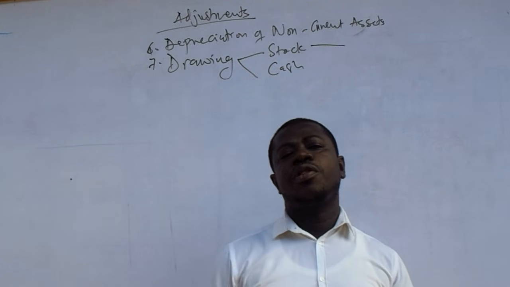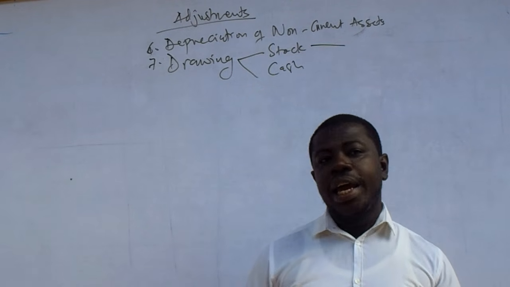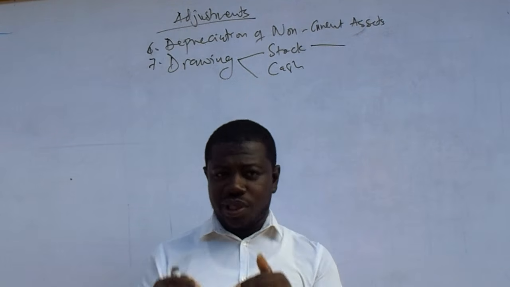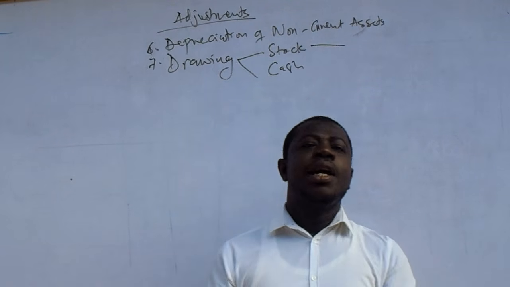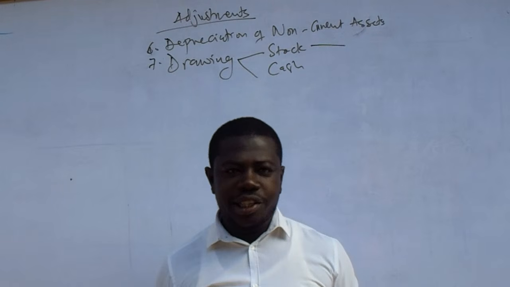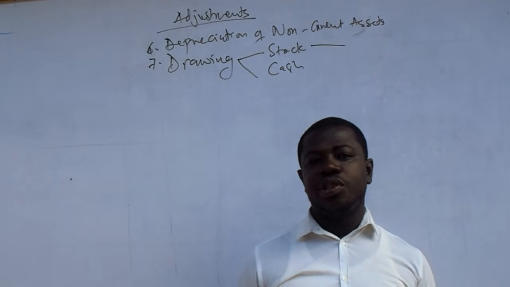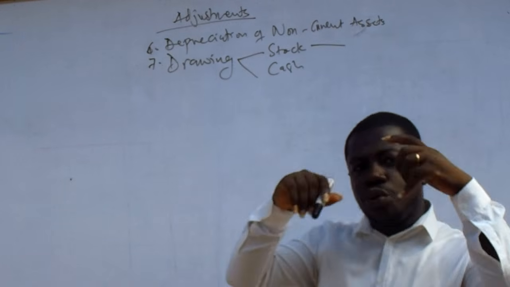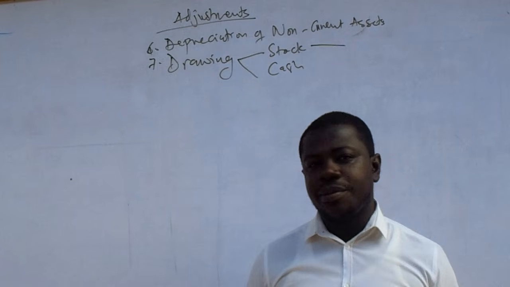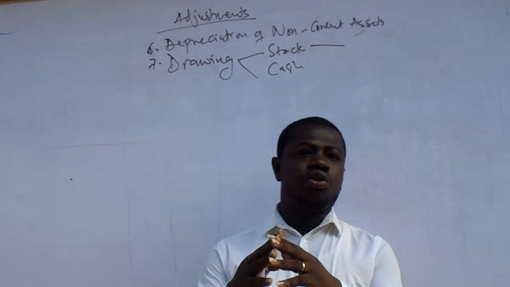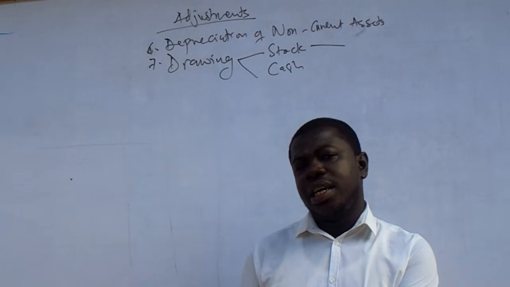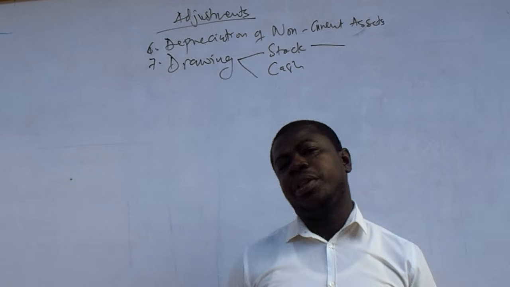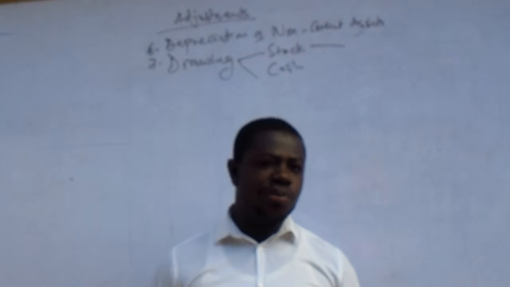So when we get to the statement of financial position and you write your cash, you subtract that drawings figure from it. And then under the financed by section, in the same statement of financial position, you subtract the drawings from your capital. So for cash drawings, both treatments will be in the statement of financial position: by taking it out from the cash, and then you also deduct it from the capital. That is how drawings is going to be treated.